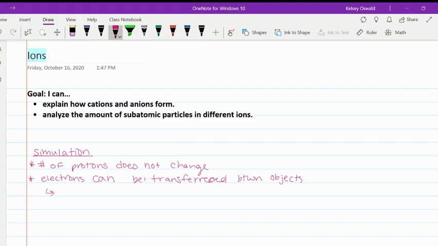If something gains electrons, now we have more negative particles. So our object overall is going to have a negative charge.